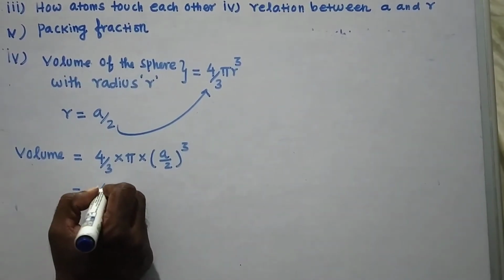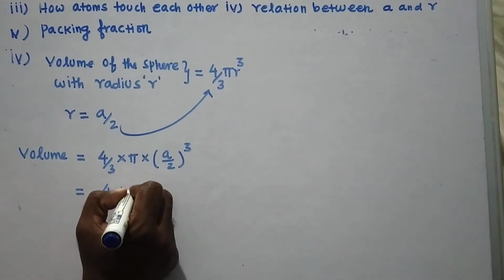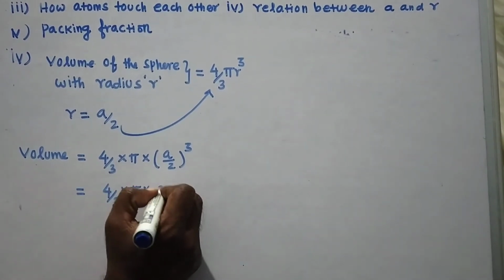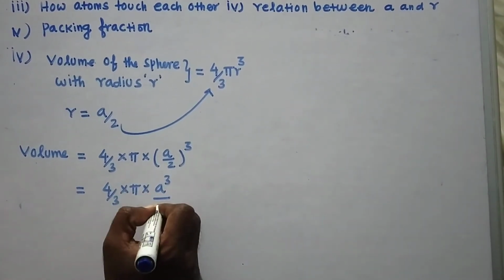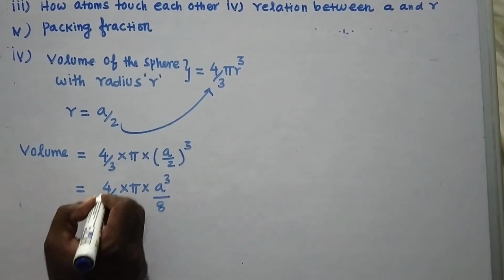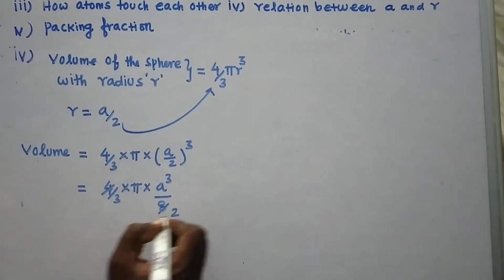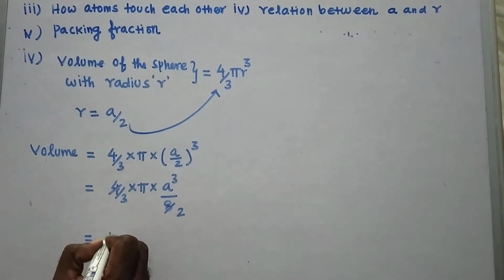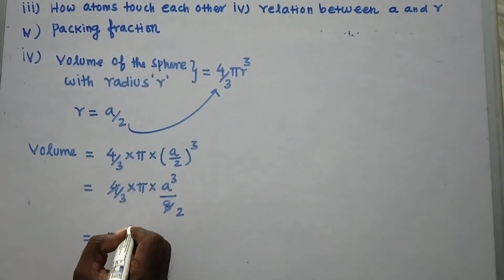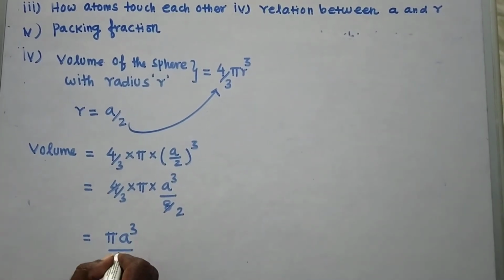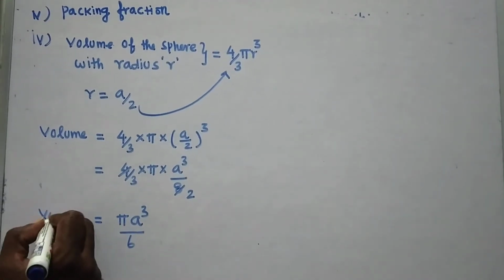Then it's equal to 4 by 3 pi into A cube divided by 8. Then it's equal to pi into A cube divided by 6. This is the volume.